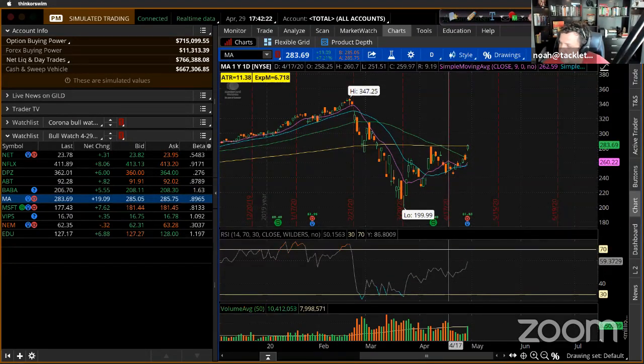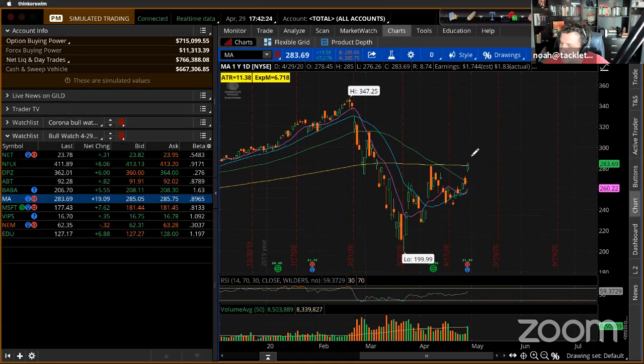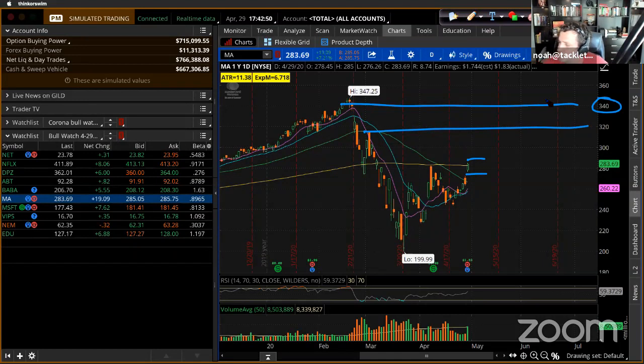And in this case, I love the fact that it's back up above all the moving averages, in particular that 200 period moving average. So closing above resistance, closing above the moving average, and coming off of a positive earnings report with an uptick. I think this one would be a reasonable entry above today's candle high, with a stop loss down below the candle low. Upside target potential on this one's probably 320, with luck out over time, 340.